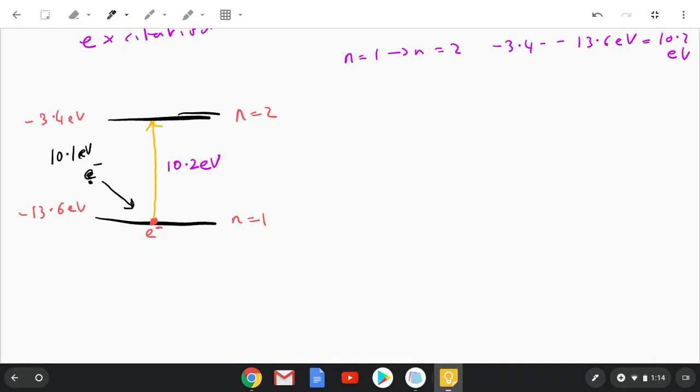So if the incoming electron has 10.3 electron volts, remember with a photon, it has to be exact, but with particle-particle interactions, this electron could lose 10.2 electron volts of energy.